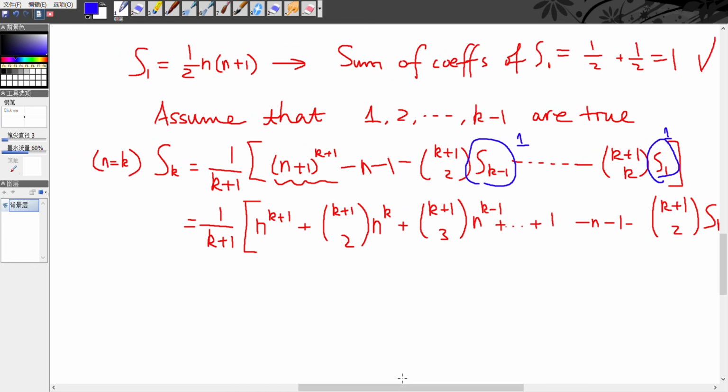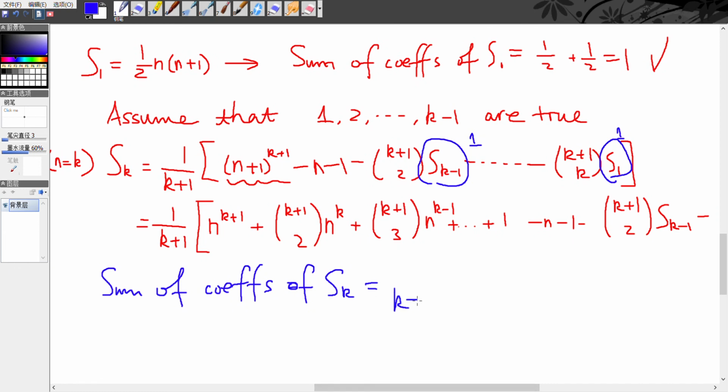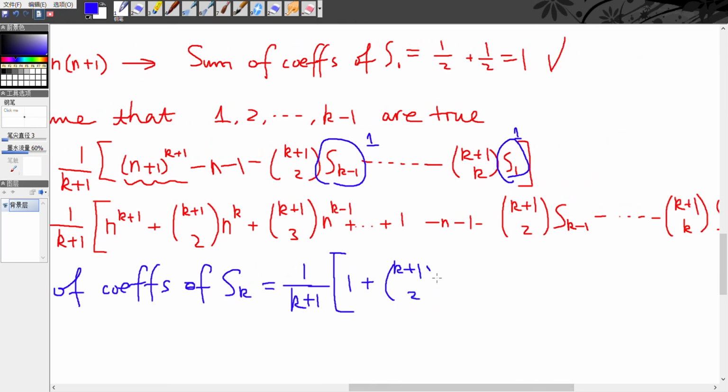So if we are computing the sum of coefficients of s_k, it's just 1 over k plus 1 times (1 plus (k plus 1 choose 2) plus (k plus 1 choose 3)... Maybe I made a little mistake right here.